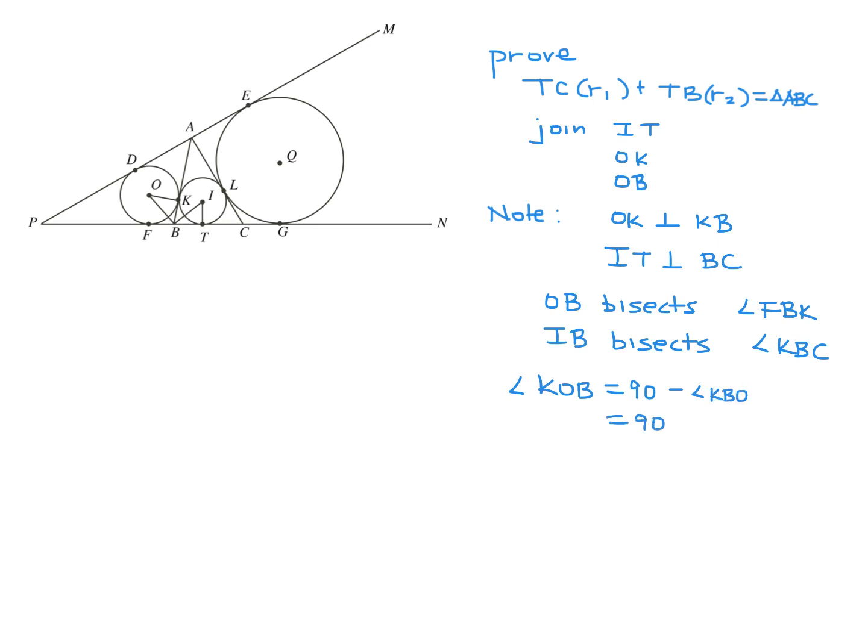And therefore, since we know that KBO is half of angle FBK, we can put that in there. And then this is really just 1/2 times 180 minus angle FBK. And 180 minus angle FBK is this guy, KBC.